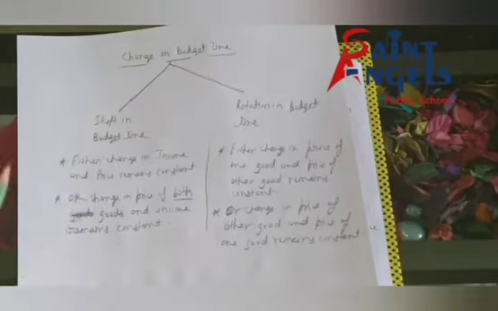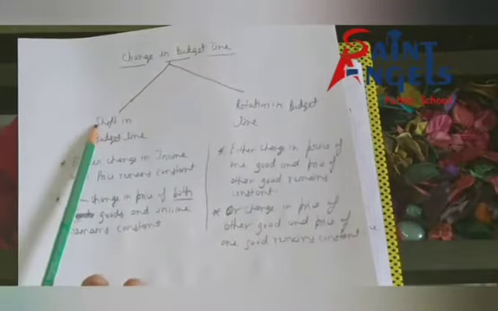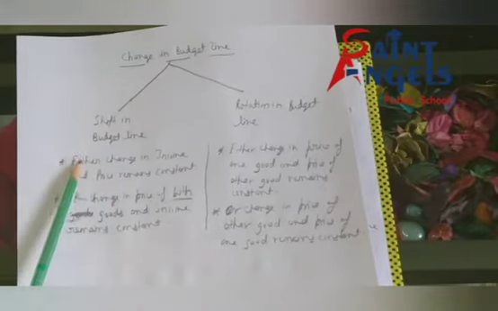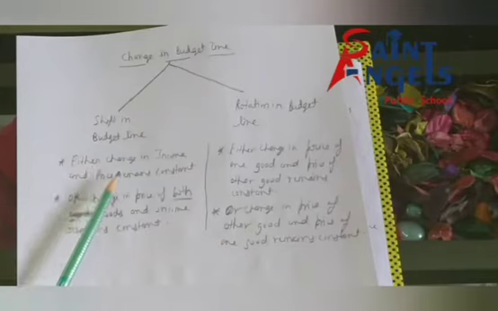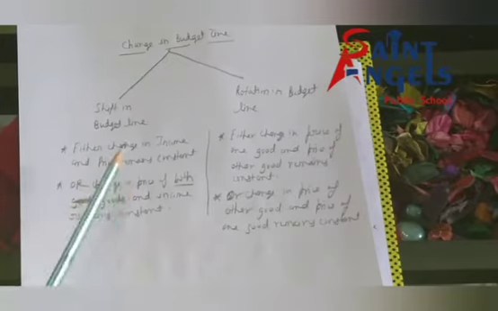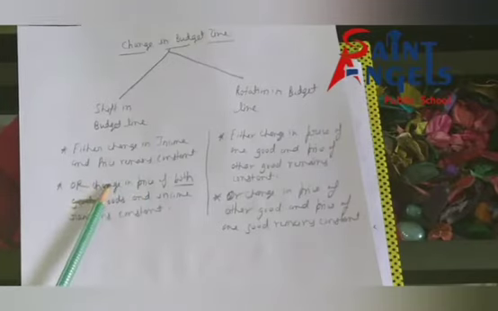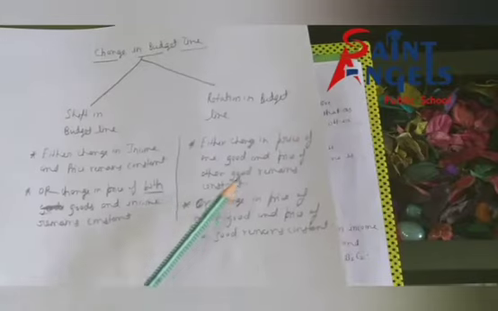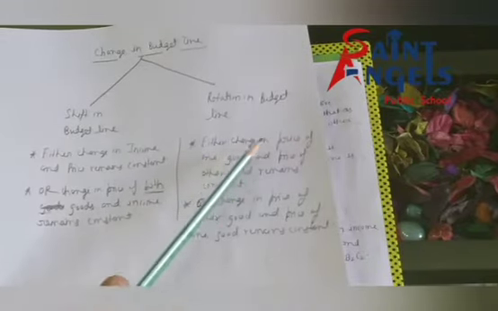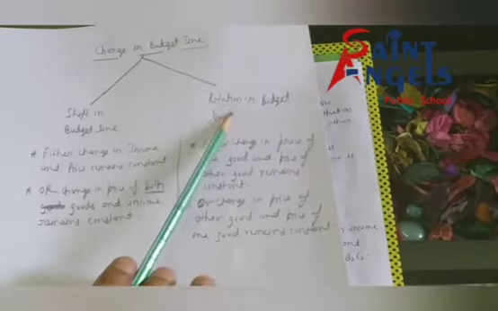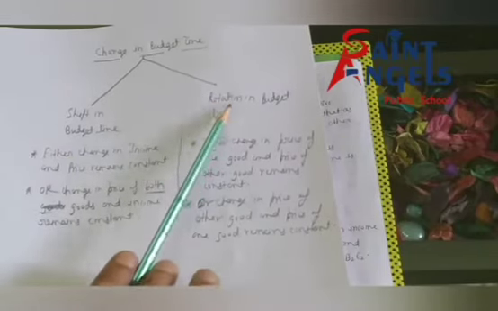Shift in budget line means budget line shifts when either there is a change in income and price remains constant, or change in price of both goods and income remains constant. Either change in price of one good means there is no role of income. I hope all of you have understood.